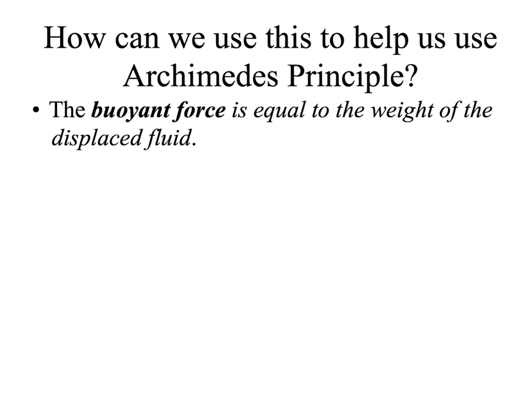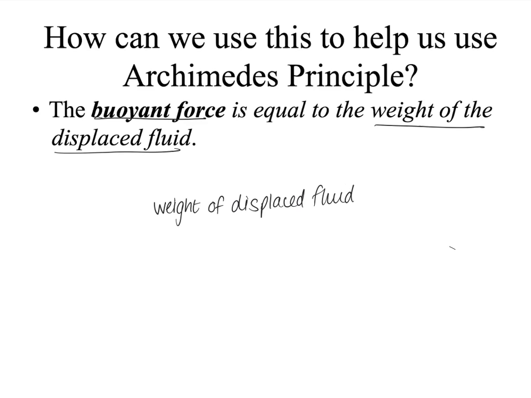So, how can we use this? It says that the buoyant force is equal to the weight of the displaced fluid. So the weight of the displaced fluid is going to be equal to the density of the fluid times the volume that is displaced times g.